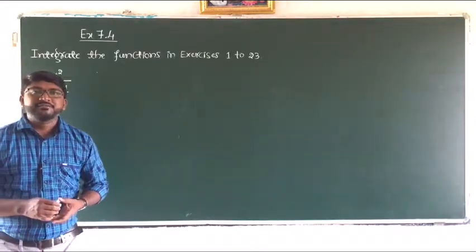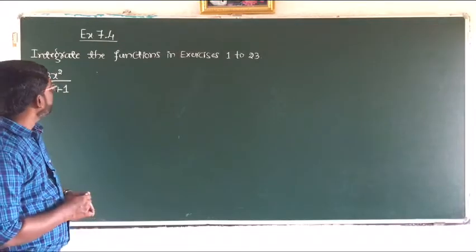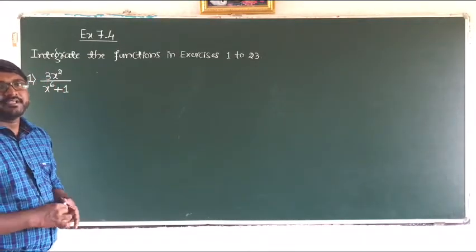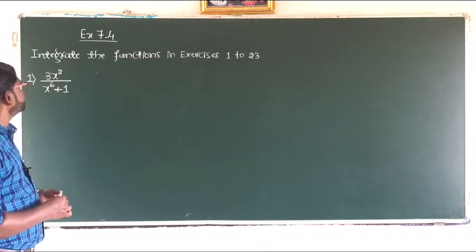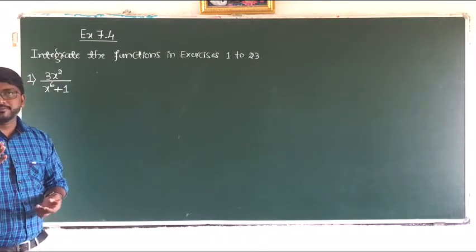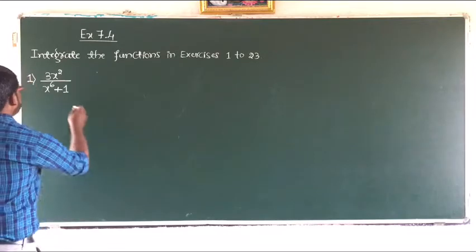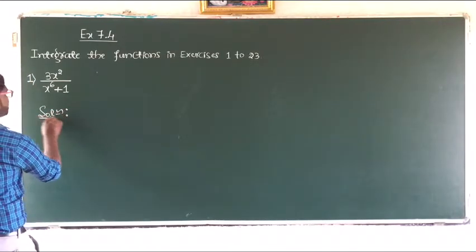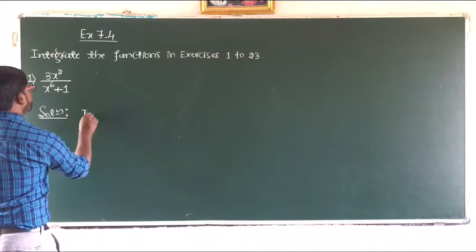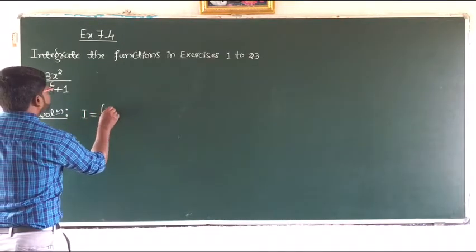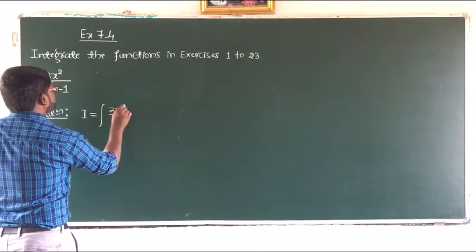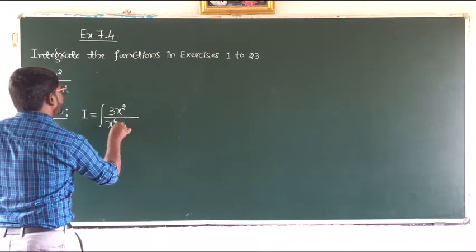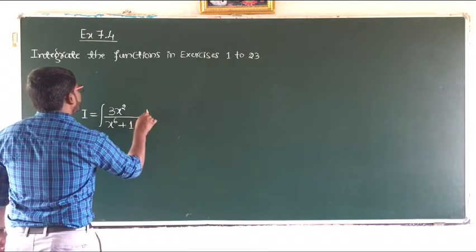Well, let us start with the exercise 7.4. Integrate the functions in exercises 1 to 23. In that, the first one is 3x square divided by x to the power 6 plus 1. So see here, I take this as I, which equals integral 3x square divided by x to the power 6 plus 1 dx.